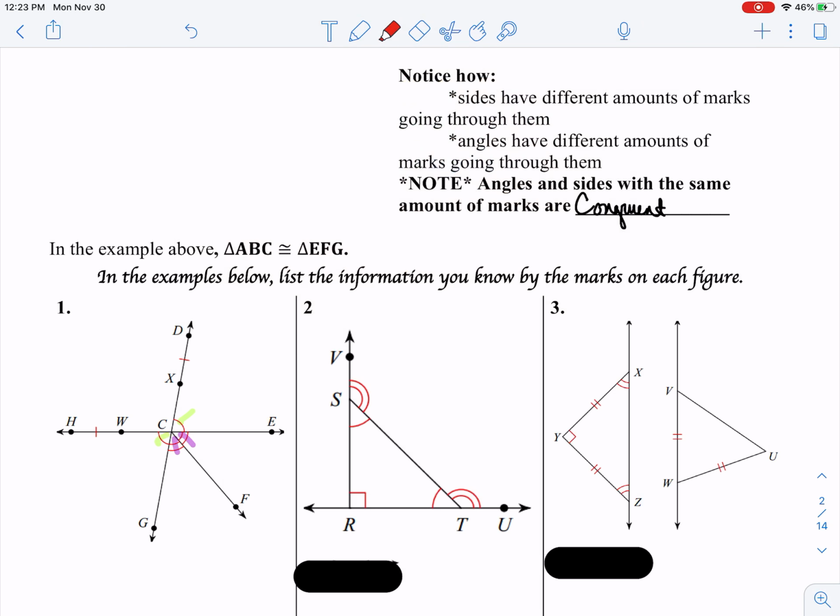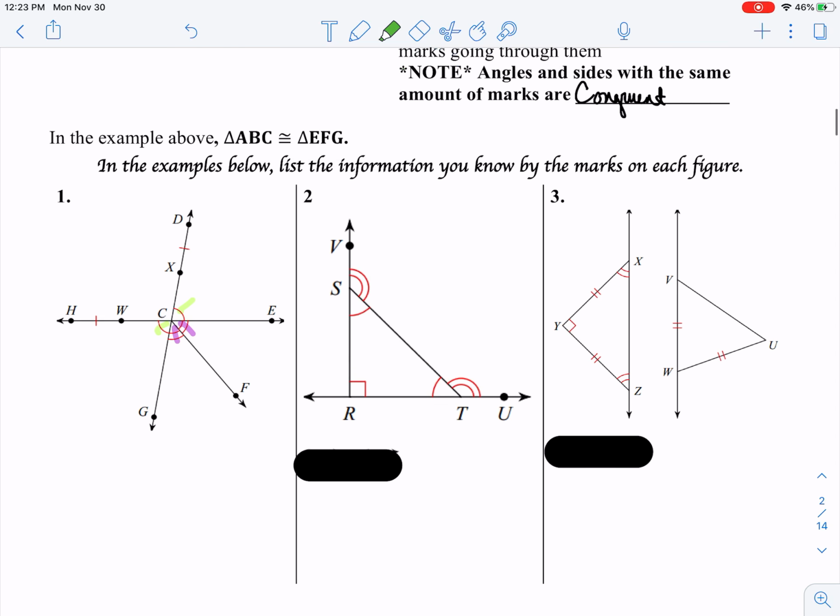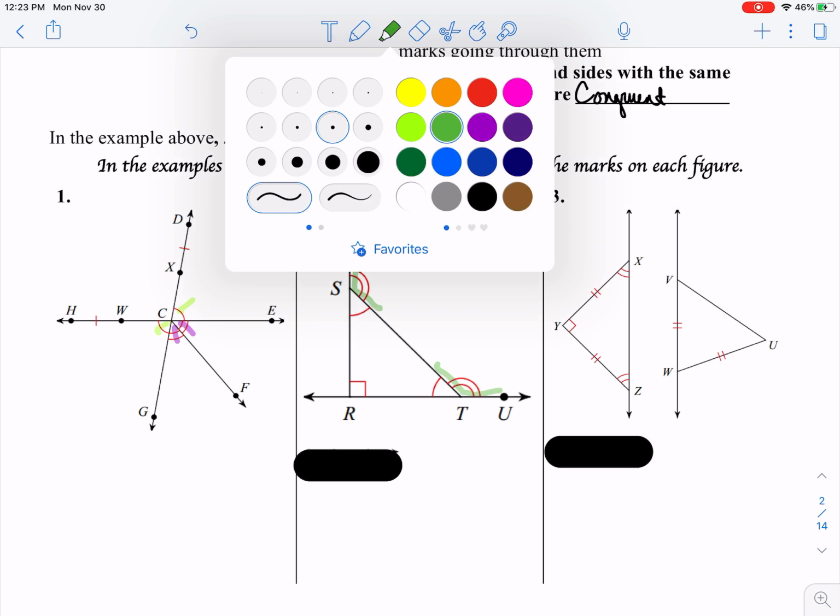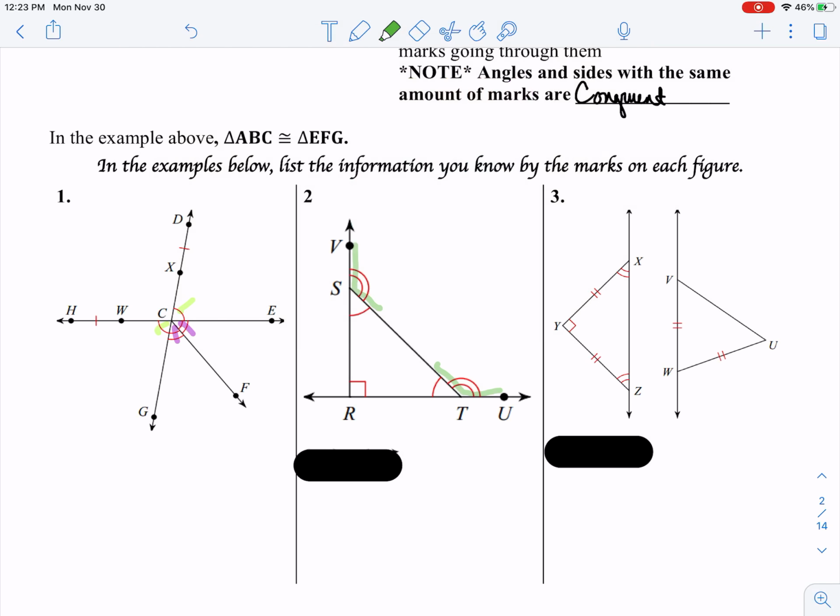All right. So very quickly, what I'm about to do is highlight the angles. So like angle VST and angle UTS are congruent because they both have the angle marks with two little lines. So what I say, angle VST is congruent to angle UTS.